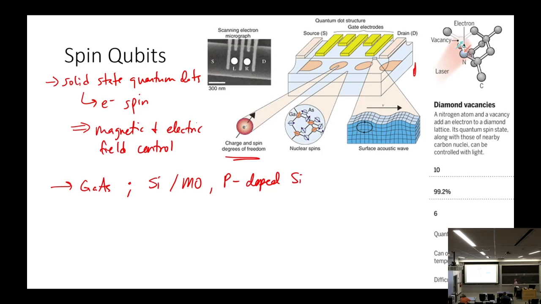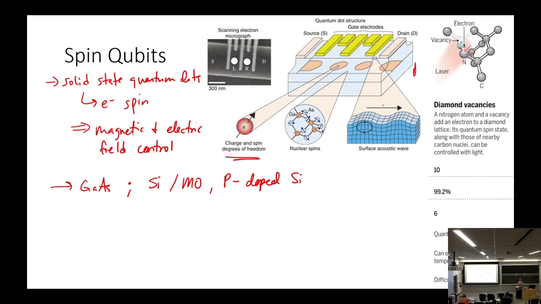With traditional n-type doping of silicon, you replace one single silicon atom with a phosphorus atom, and that introduces an extra electron near the conduction band of the silicon. And so that defect can act as a qubit.